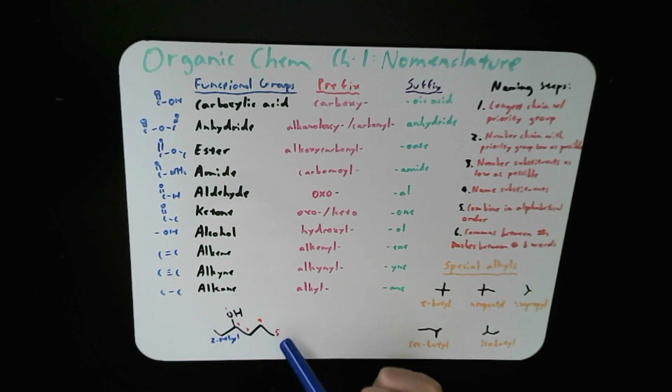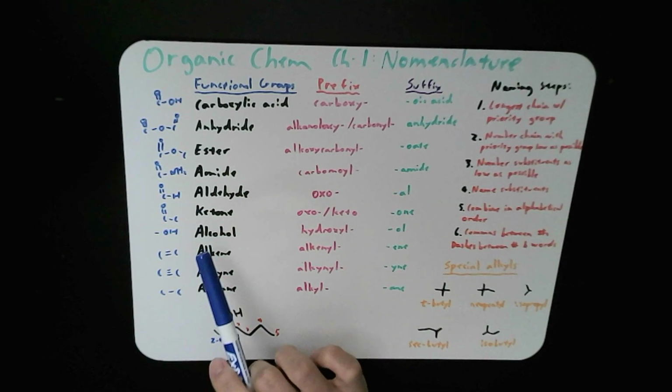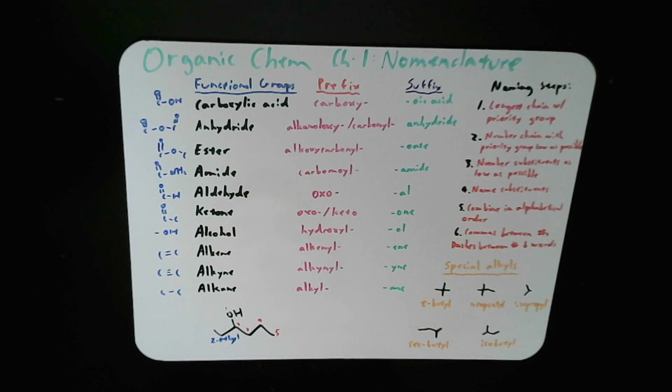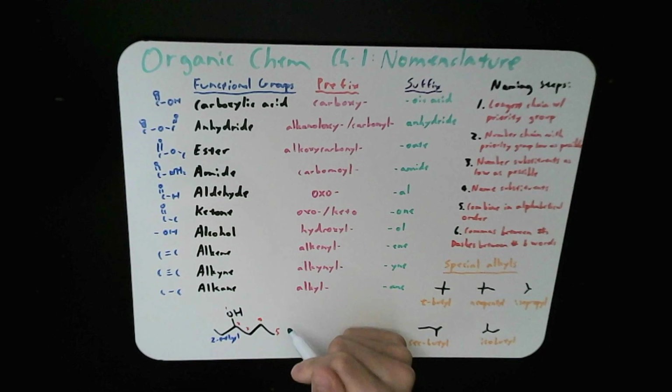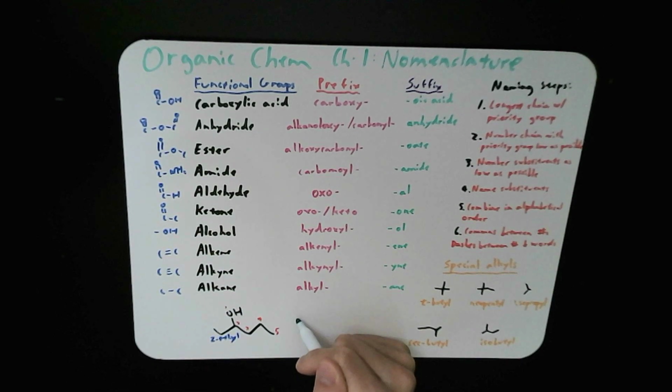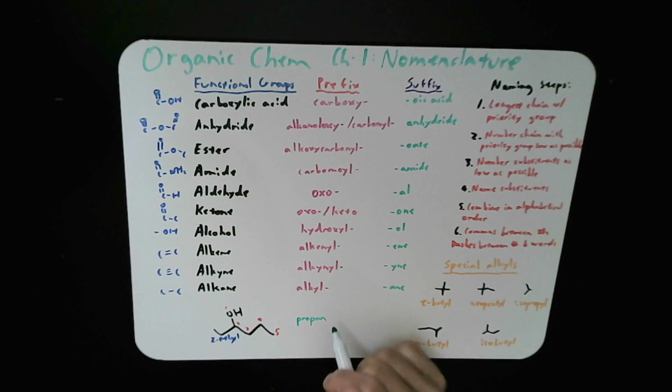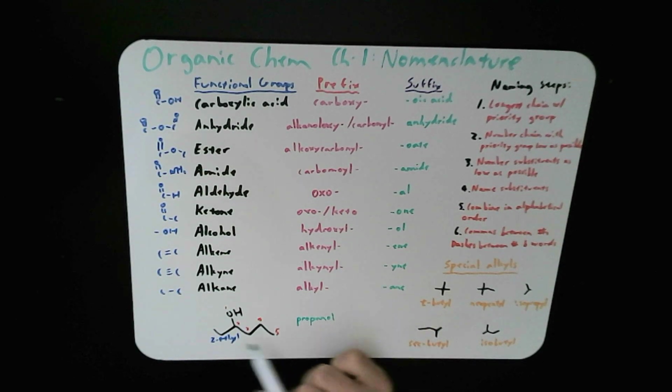Because our main chain uses alcohol, we will use alcohol as a suffix. So 1, 2, 3, 4, 5, that uses 5. So that's a propanol. Right, the whole big chain is propanol, and we have our 2 ethyl here.